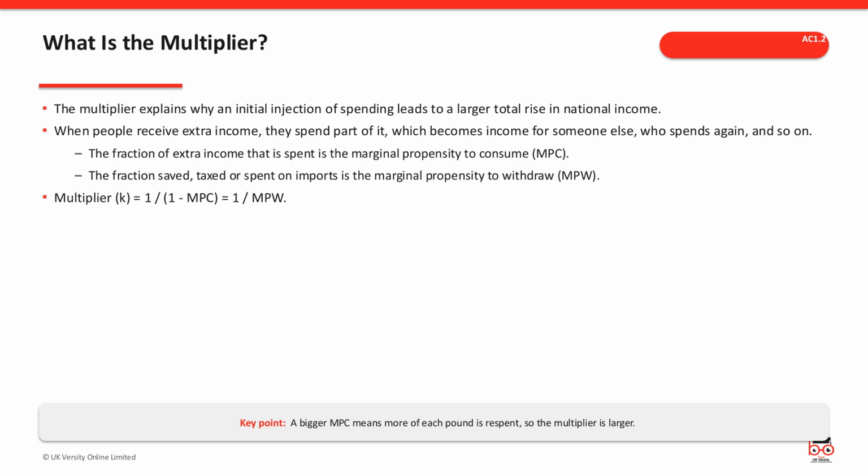The share of extra income people spend is the marginal propensity to consume, and the share that leaks away to saving, tax, and imports is the marginal propensity to withdraw. The multiplier is 1 divided by 1 minus that spending fraction, so the more of each pound that gets respent, the bigger the final effect.